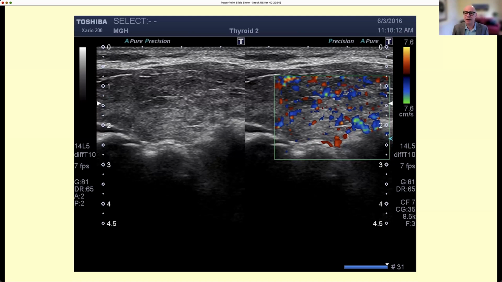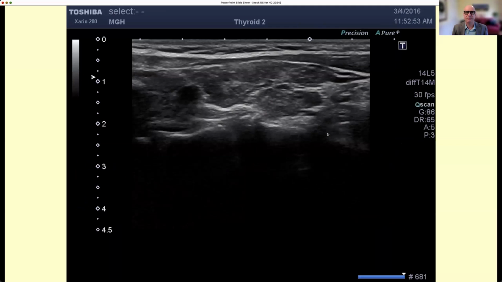However, if someone has euthyroid Hashimoto's, it would look the same. So without knowing the TSH level, you cannot really tell whether this is Graves' disease or euthyroid Hashimoto's thyroiditis. And that's the point I wanted to make with this slide.